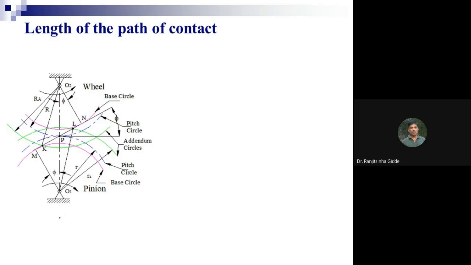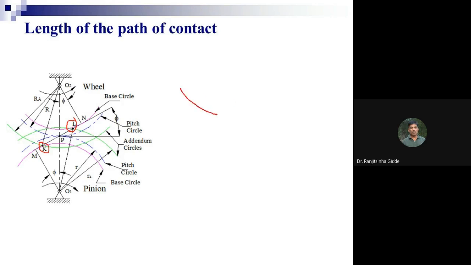Okay, now this K and L, we need to check what these points are. K is the intersection of the addendum circle of the wheel and the common tangent.